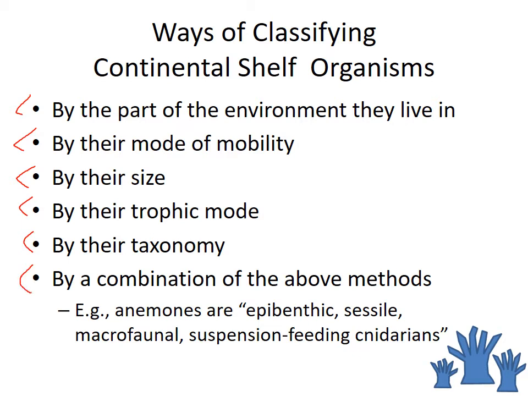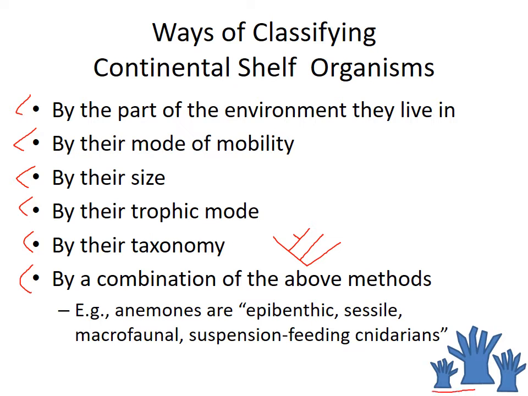You can classify them by the part of the environment they live in, by the way they move or not, by their size, by their trophic mode, which is their feeding mode, by their taxonomy, which is sort of like where they are on the evolutionary tree, and by a combination of the above methods. So we'll oftentimes end up with compound word descriptions to describe organisms.